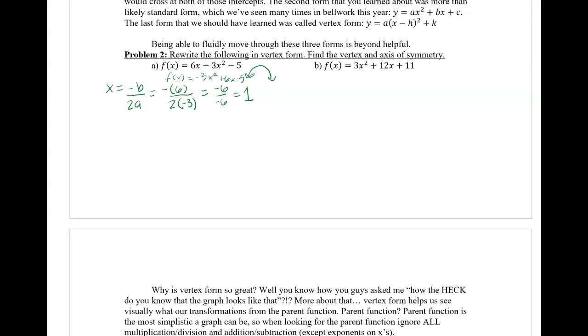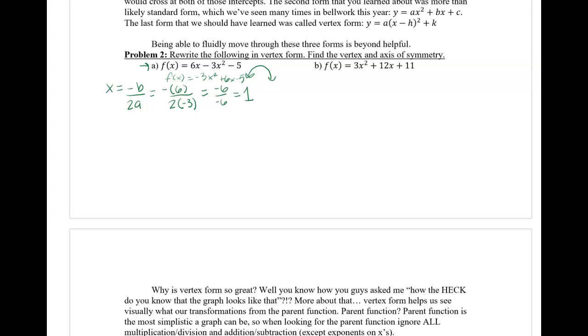Well, that's nice, but how the heck am I going to find the rest of my vertex? Because I said it was a point. Well, a point has an x and a y. So all that I'm going to do in order to find my y-coordinate is plug this x value in. So again, this f of x tells me I have a function of x. This time my x is 1.